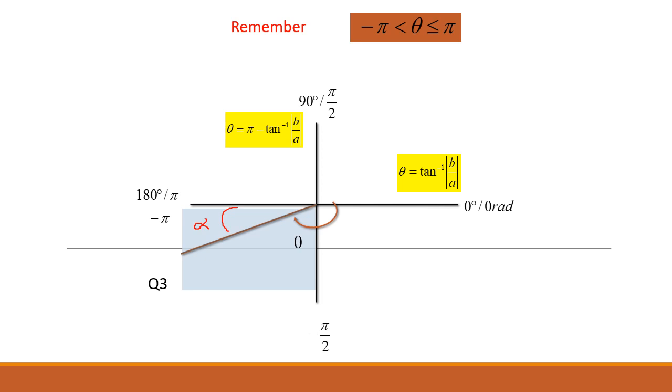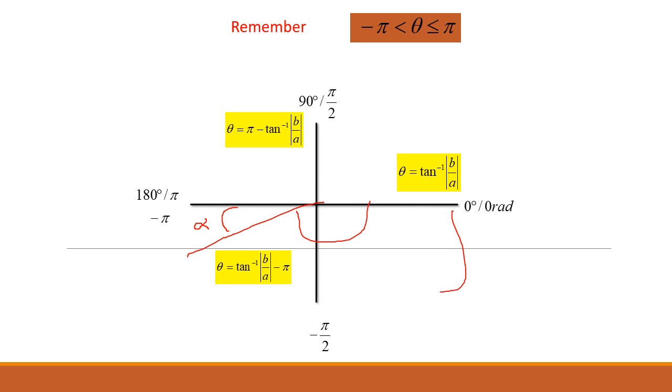So to find the argument of z, we apply the formula arctangent of b over a minus pi. Actually it is pi minus alpha, but because it's in the opposite direction, it should be negative. That's why we take this formula. So this is for the third quadrant.